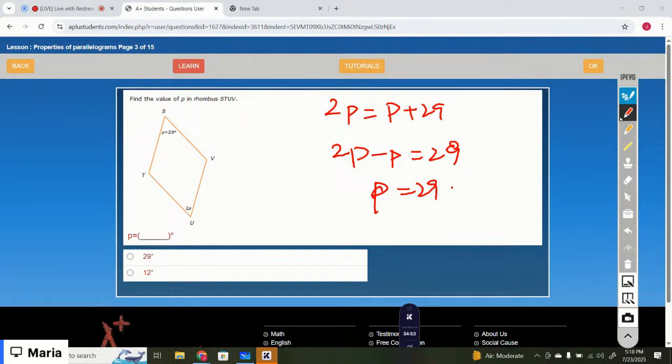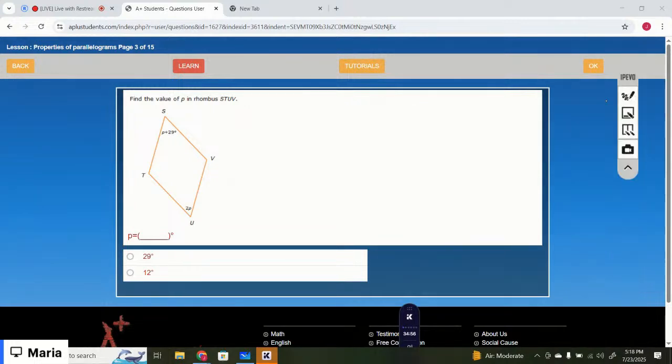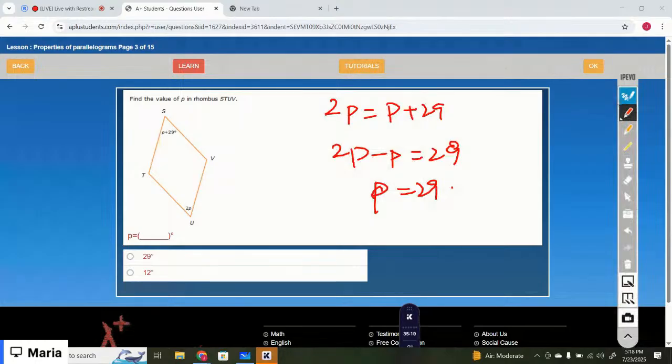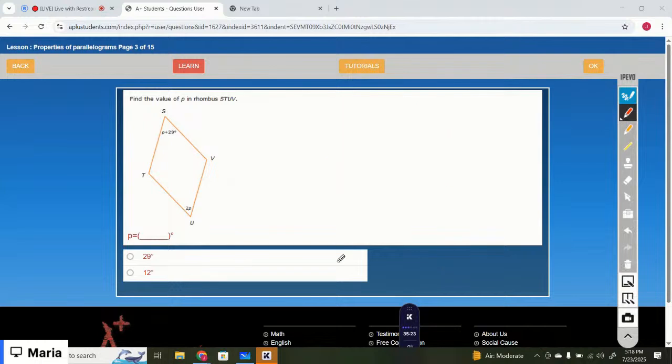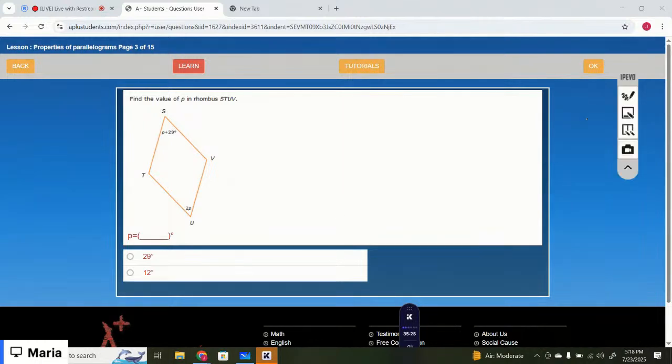That is P equals 29. What I'm reading on the tutorial and what I'm explaining is on the test questions. You can see the explanation. That is P equals 29. Option number 1 is the correct option.